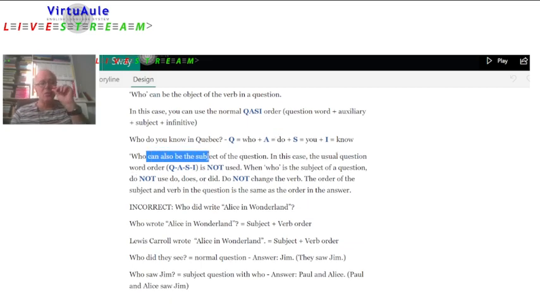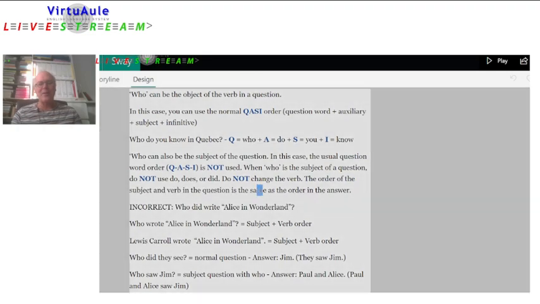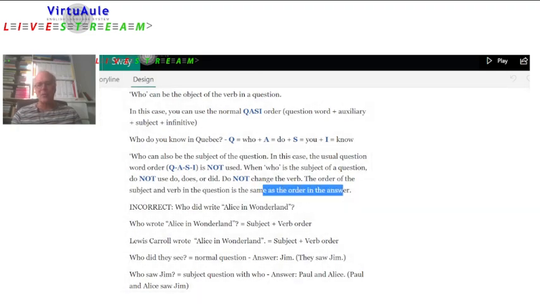In this case, the usual question word order, quasi, is not used. When who is the subject of a question, do not use do, does, or did. Do not change the verb. The order of the subject and the verb in the question is the same as the order in the answer.